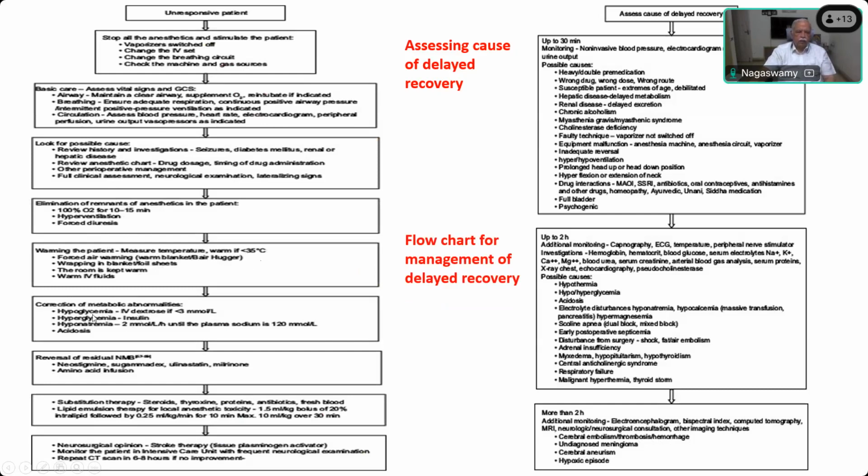Then consideration of metabolic abnormalities like hypoglycemia, hyperglycemia, hyponatremia. Reversal of neuromuscular blockade, and if it is insufficient, giving another dose. Then substitution therapy like steroids and thyroxine. Patients who have been regularly taking steroids and have not been given the substitution dose can go in for delayed recovery. So all these points you have to take into consideration, then get a neurosurgical opinion, and monitor the patient in the intensive care unit till they completely recover.